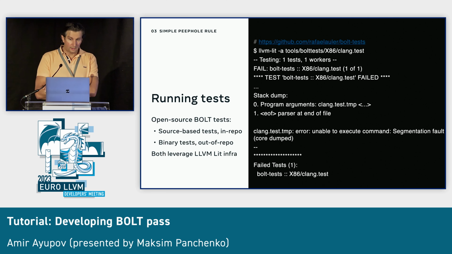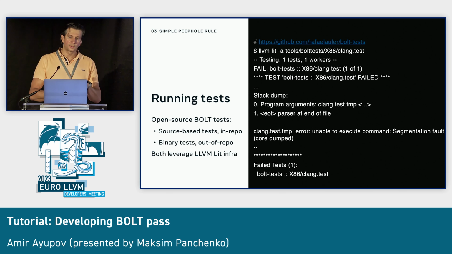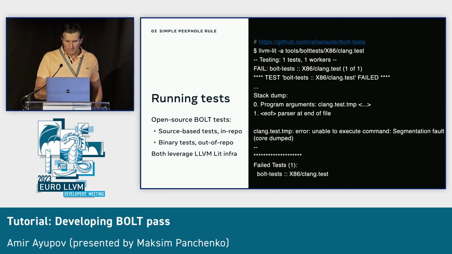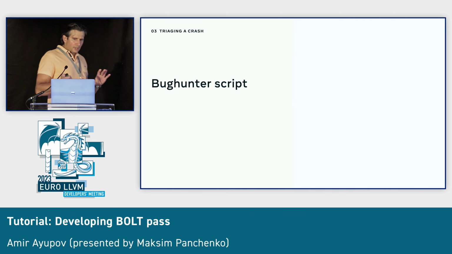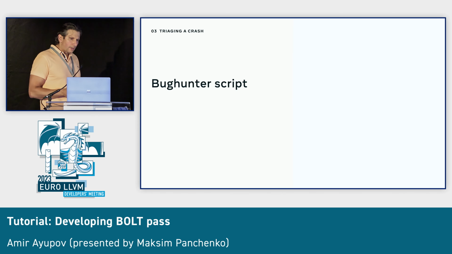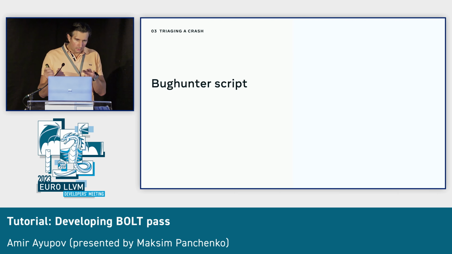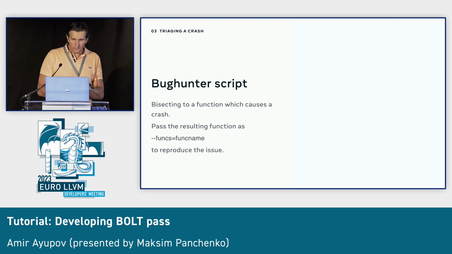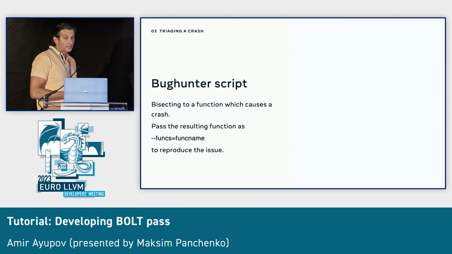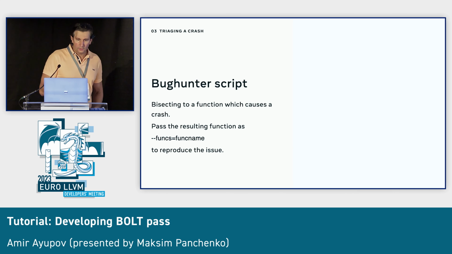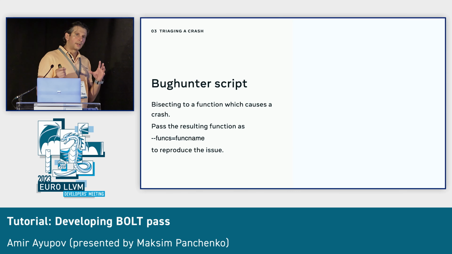Why the clang, in this case used as a test case, not to compile anything, crashed. So we have a script that will do most of the hard work of looking for the bug for you, and it can bisect the function in the clang binary that actually caused the crash, because BOLT can apply its optimization selectively.